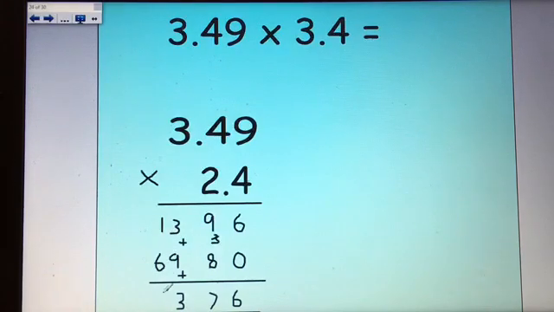And then 1 plus 6 plus 1 makes 8. 1, 2, 3 numbers after decimal point. So we've got to count back 3 places and put our decimal point in. 1, 2, 3. So the answer would be 8.376.